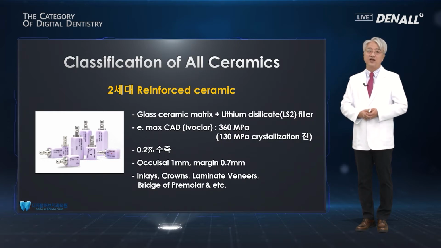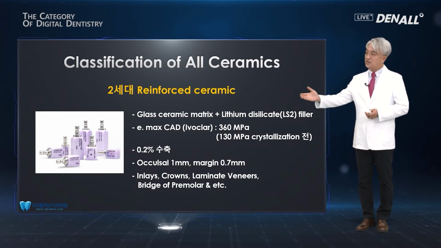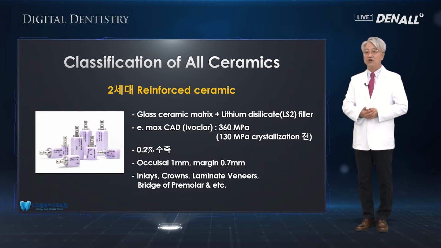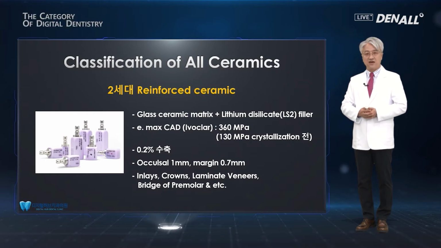Before sintering, as you can see, it exists as a green material, and that's how it's delivered to us, and it has a flexural strength of about 130. So in terms of fabrication, it's very flexible because it's not that strong, and after recrystallization, the strength increases a lot, to 306 to 360.